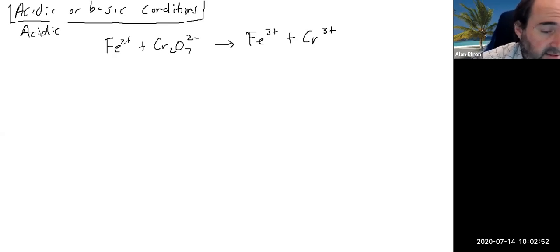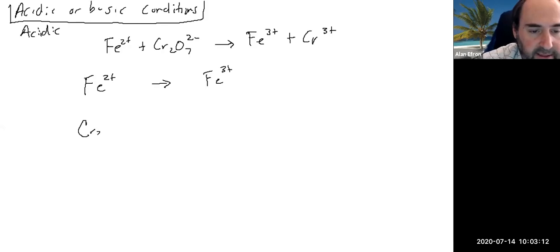You just find the two things that obviously look alike. Obviously, iron and iron are related to each other. So one half reaction would be the Fe2+ going to the Fe3+, right? Obviously, this has chromium in it. This also has chromium in it. So our other half reaction would be the ones that have chromium in it.